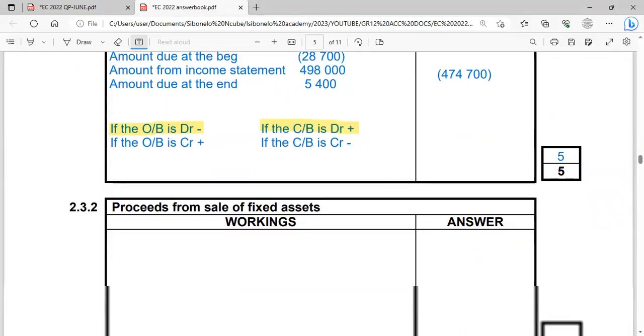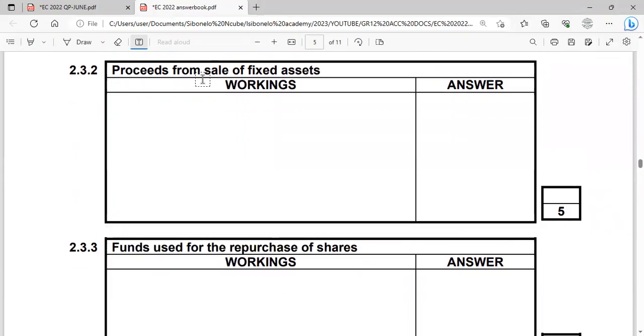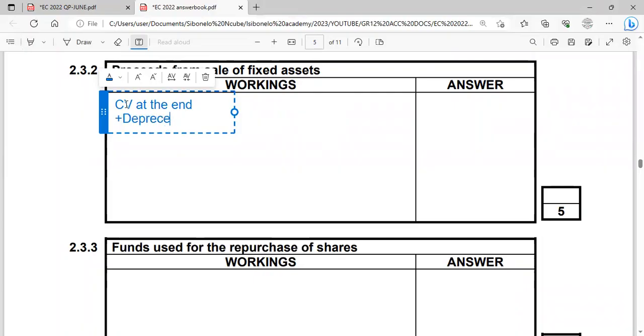And then the next one, proceeds from sale of fixed assets. So the formula to get proceeds from sale of fixed assets, you take the carrying value at the end, you add depreciation. So please make sure that you take down the formulas.